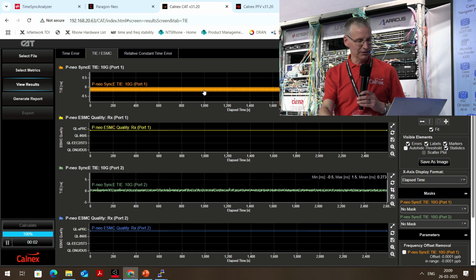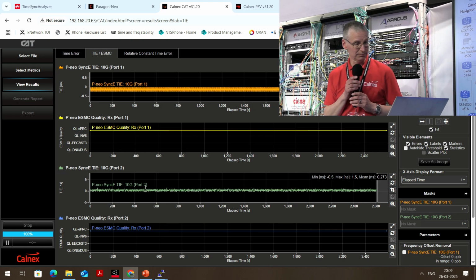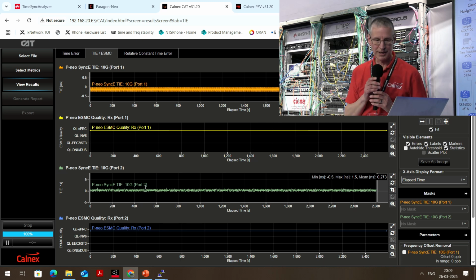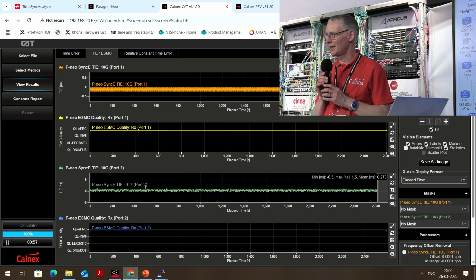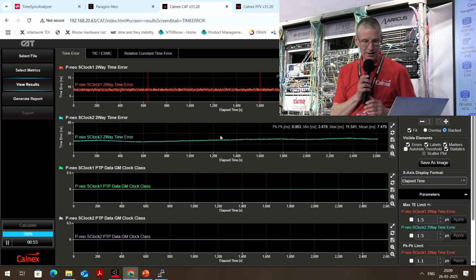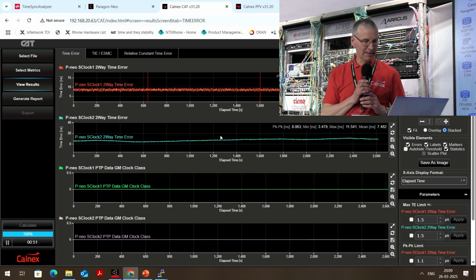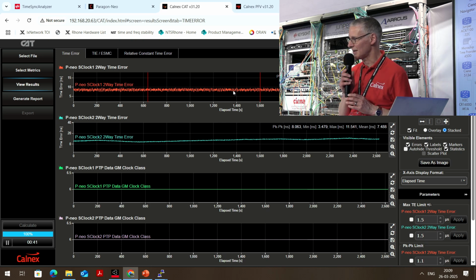The time going through them is very close, within plus minus 1.5 nanoseconds because of the enhanced SyncE. What that gives us on the time error: the 2 routers are coming in, one at about plus 7 nanoseconds, one at about plus 8.5 nanoseconds.